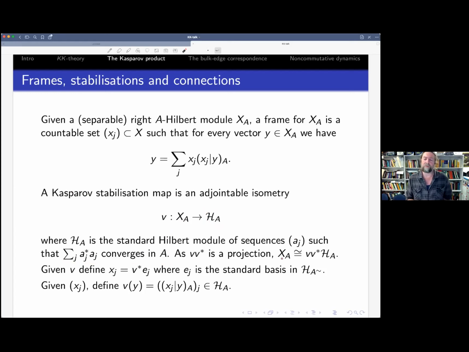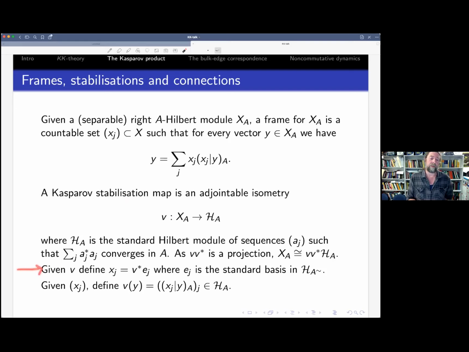Since V star is a projection, X looks like, it's not quite a projective module in the categorical sense because H_A is not really free. It's not a free direct sum. There's some convergence condition in there, but it's good to think of it that way. These two notions are equivalent. And since Kasparov proved stabilizations always exist, frames always exist.